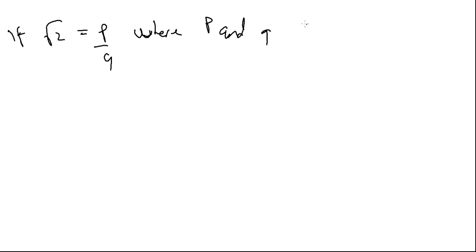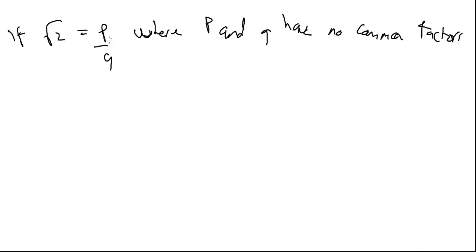So how does that work? Well, if the square root of 2 could be written, so if the square root of 2 was equal to p over q, where p and q have no common factors, since we cancel them.